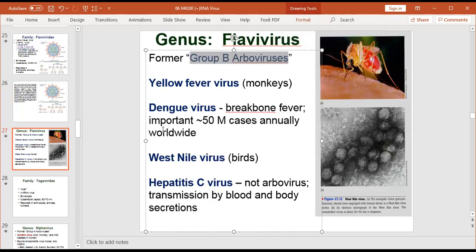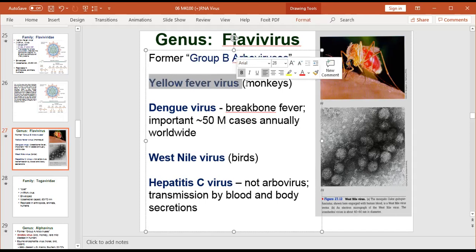There are a number of viruses within the family of flavivirus. These include yellow fever virus, uses monkeys as host. Dengue virus, it causes a fever that is so painful they call it break bone fever. As a matter of fact, we have a case study on dengue virus.